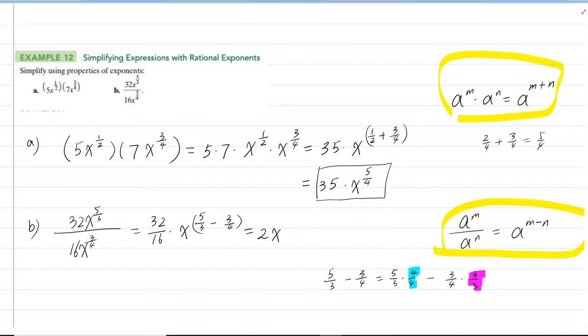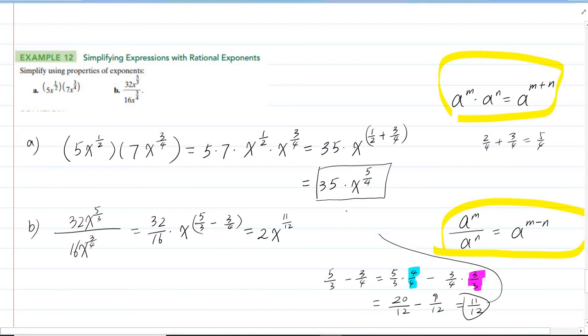This will give you 20 over 12 minus 9 over 12, which is 11 over 12. So I'm going to bring this back here. That will be x to the 11 over 12 power. All I did is bring it back for the exponents. So that is your part B.